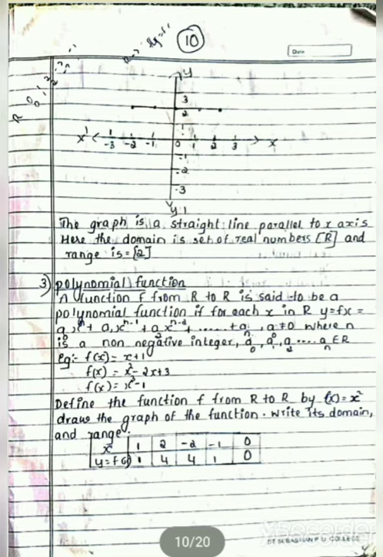You will get the points 1, 2; 2, 2; minus 2, 2; minus 1, 2; 0, 2, and you can give many more values like that. If you mark the points and join, you will get a horizontal line, meaning a line parallel to the x-axis, which is the graph of the constant function, a line parallel to the x-axis or a horizontal line.